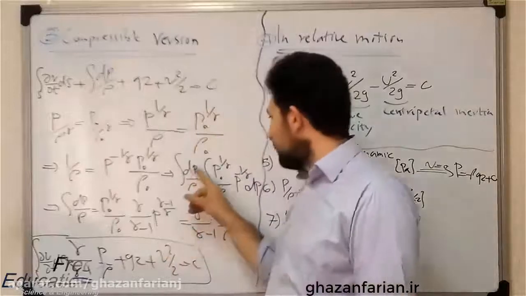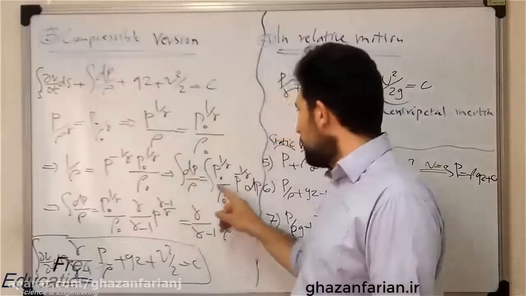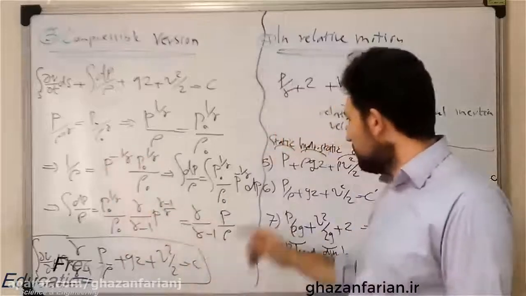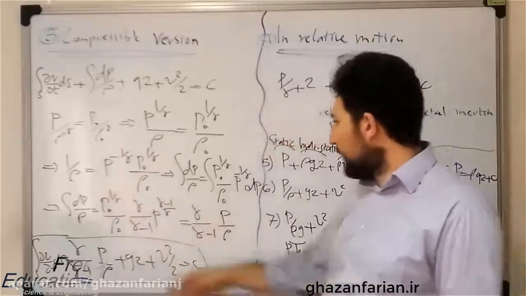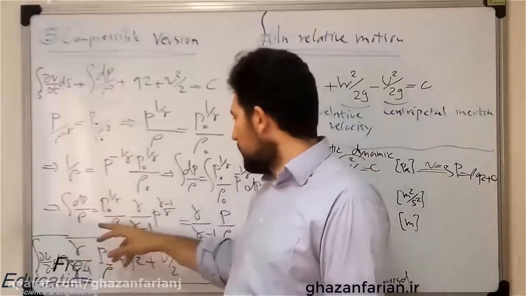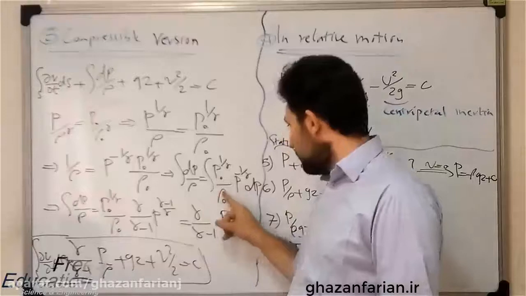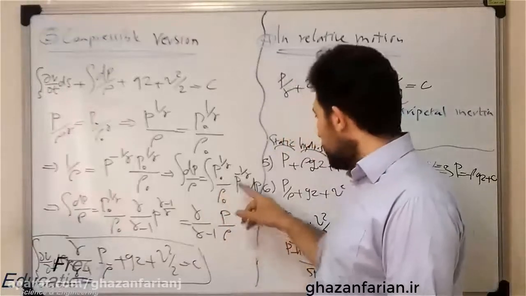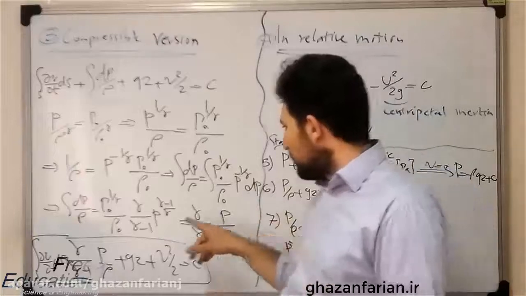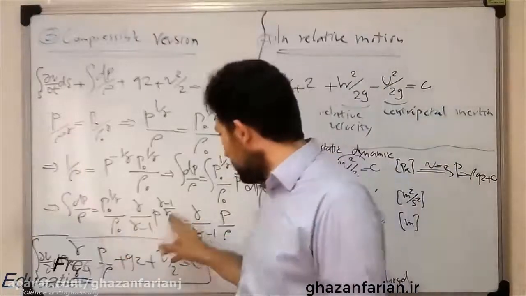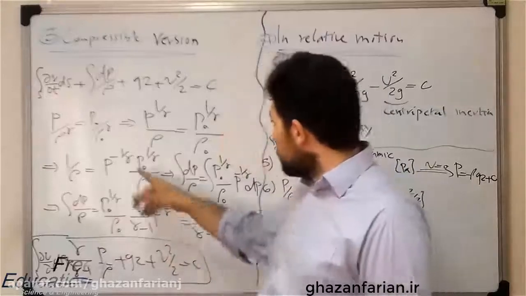So the integral of dp over rho is equal to the integral of this expression dp. Again, p0 and rho 0 are constants, and you perform the integration and obtain this expression here.